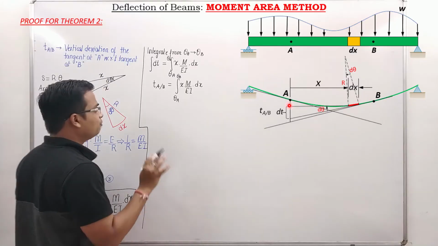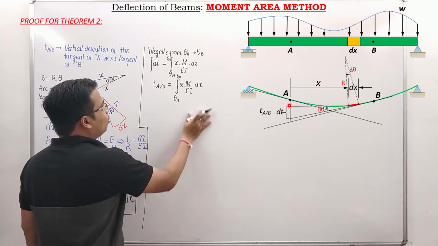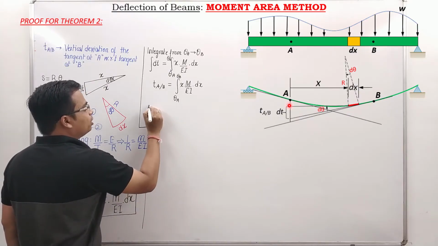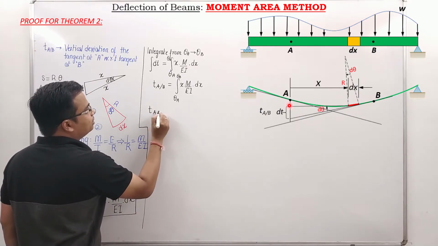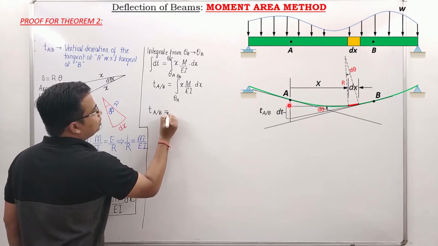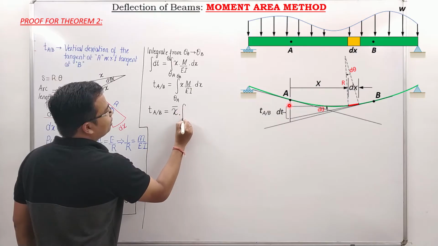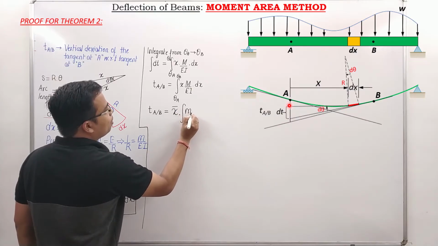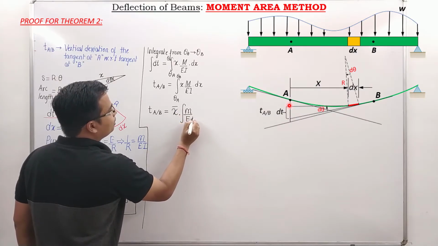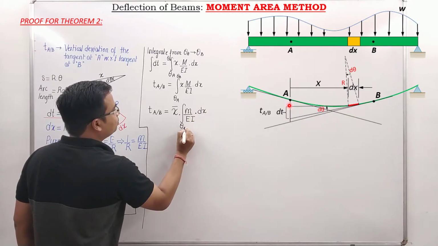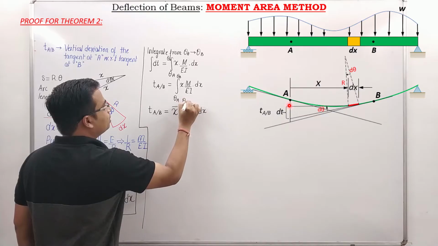Don't worry, all your confusion will be removed. So here is the deal. What if I tell you that this t_AB is equal to x bar multiplied by M over EI dx, and the limits are from theta A to theta B.